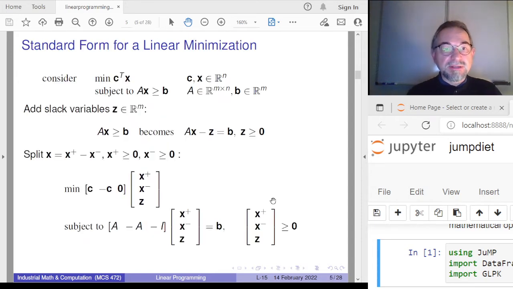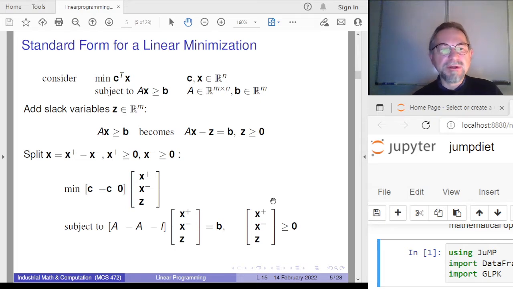Okay, so we can turn things into a standard form. So we have here the form of a minimization problem, where we have a cost vector, the coefficients c, and we have a system of linear inequalities that we can turn into a system of equalities by adding slack variables. So the extra variables z are extra, and they turn the original inequalities into equalities.